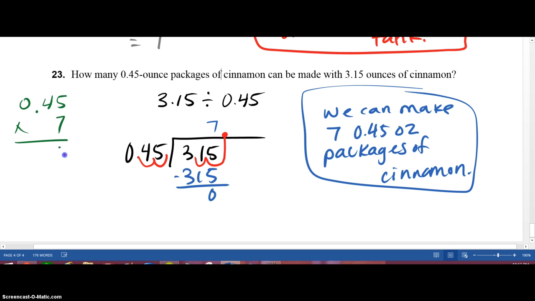So 7 times 5 is 35, carry that 3, 28, 29, 30, 31. 7 times 0 is 0, plus 3 is 3. We have 2 numbers behind the decimal. So we'd get 3.15. So I just went back very quickly and checked to make sure that that answer is correct. So 7 0.45 ounce packages of cinnamon here is correct.